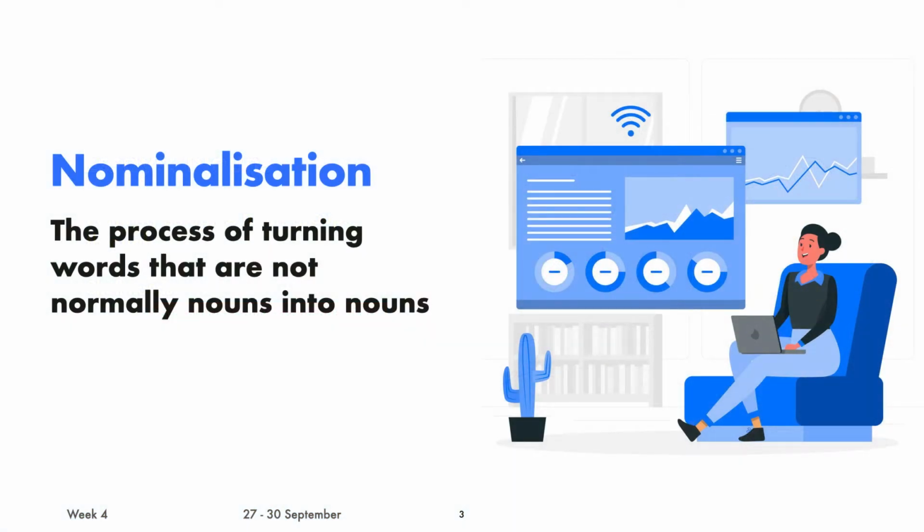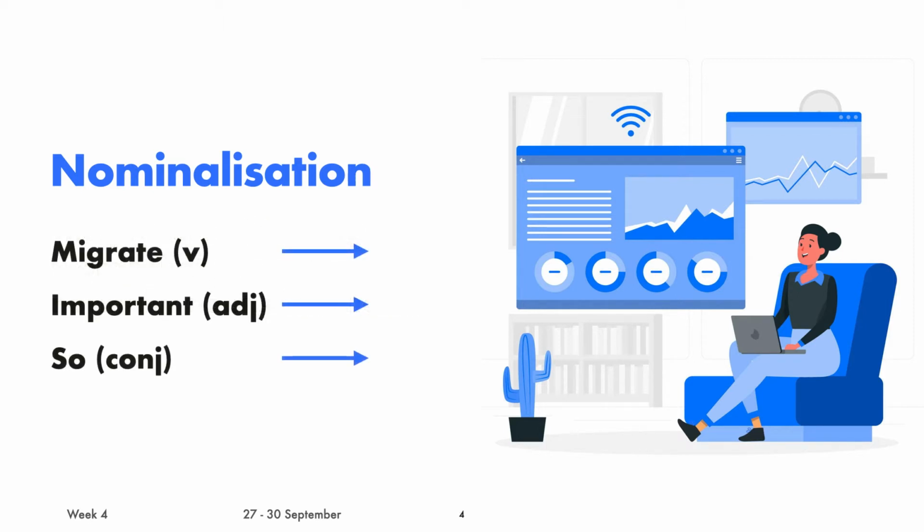I have emphasized this at the beginning of this video, that nominalization is a process of turning words that are not normally nouns into nouns. That is what it means by nominalizing. And we've got some very quick exercises we can go over before we move on.